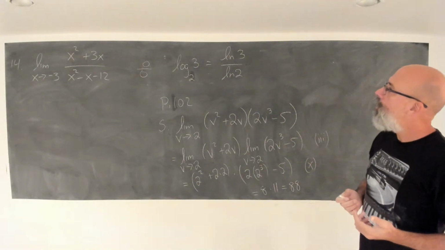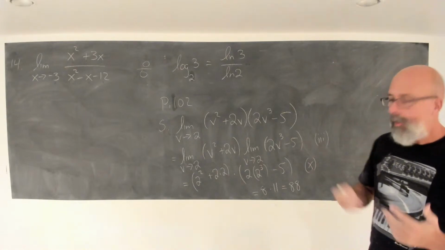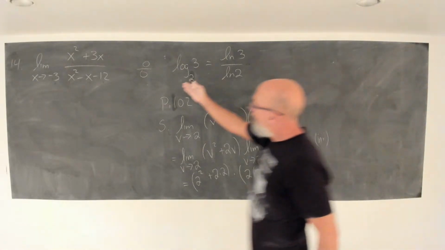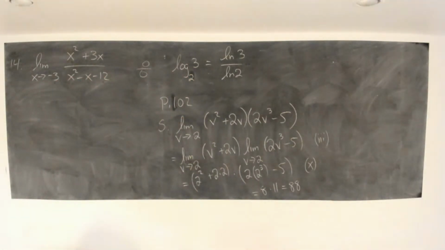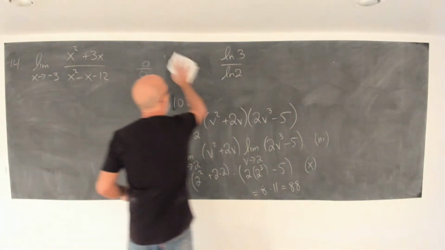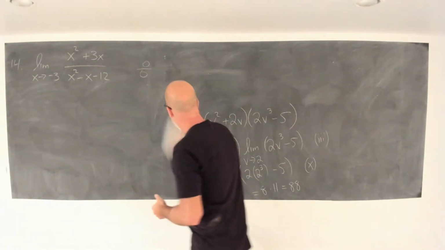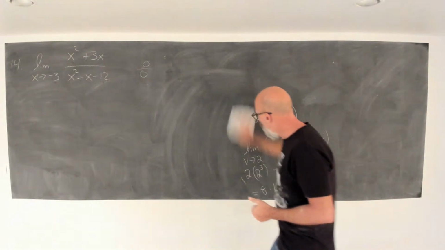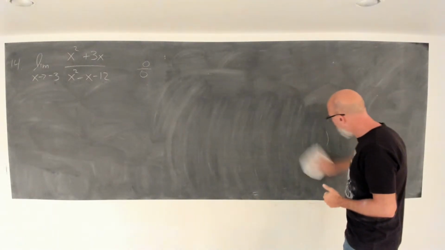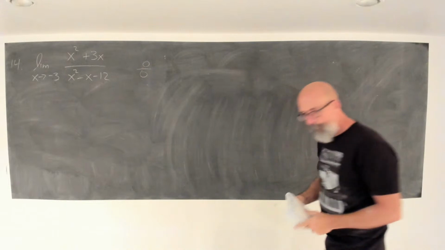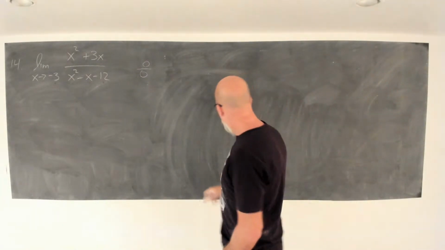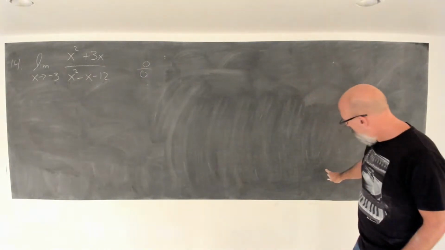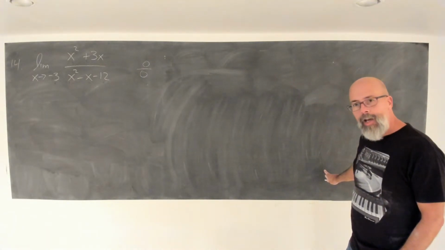And this is an interesting case. Let's take a step back and consider this 0 over 0 more closely in the following situation. I said property 10.